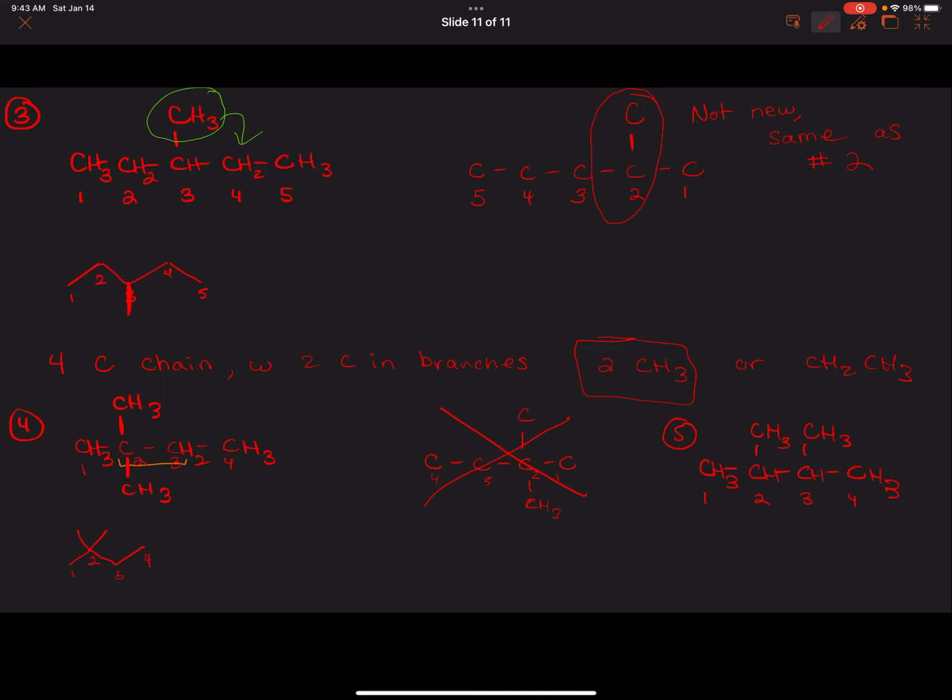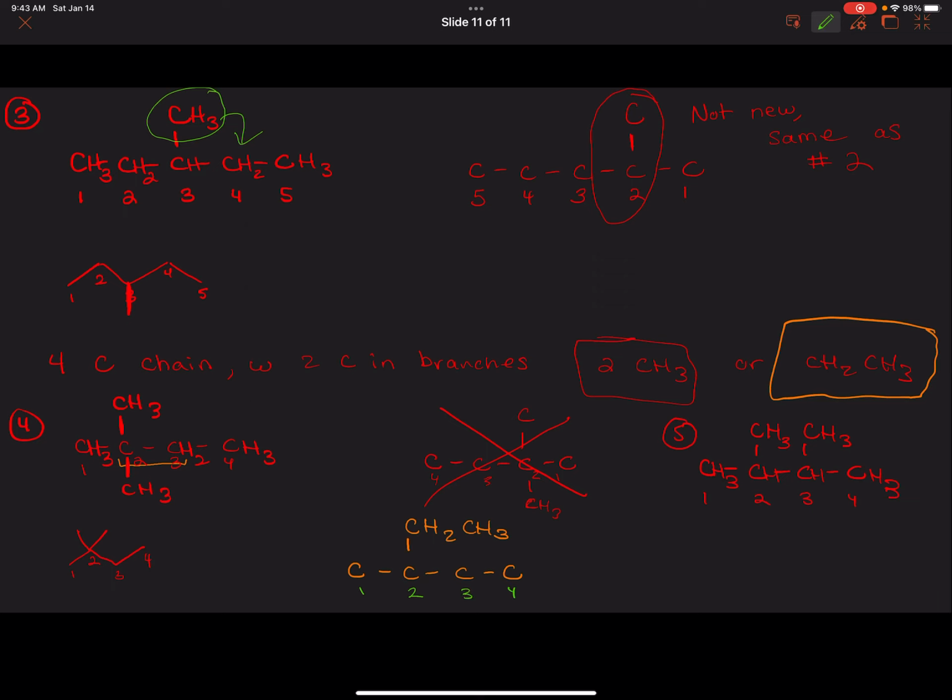So the other option we would try is having that CH2CH3 branch. So I would have my 4 carbons, and then I would have a branch with a CH2CH3. Here again is where it becomes very important to count our carbons. So if I counted straight across, that would be 4 carbons.